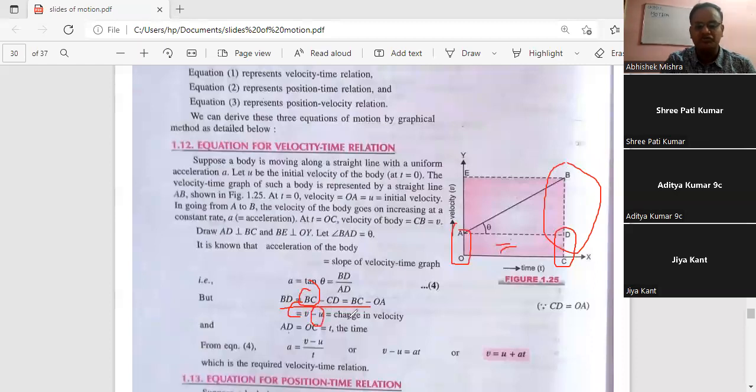So V minus U is equal to the change in velocity. That means the final minus initial velocity, that means the change in velocity.